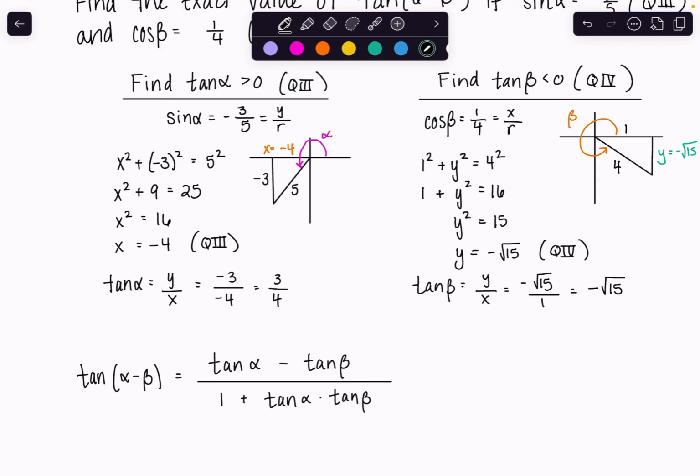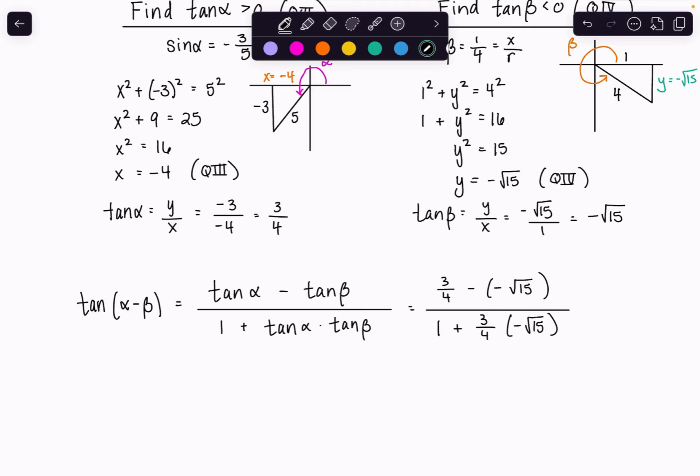So I need to go through and I need to fill in all of these pieces. Tangent of alpha is 3/4. Tangent of beta is negative square root of 15. And then in the bottom, we get 1 plus 3/4 times negative square root of 15.